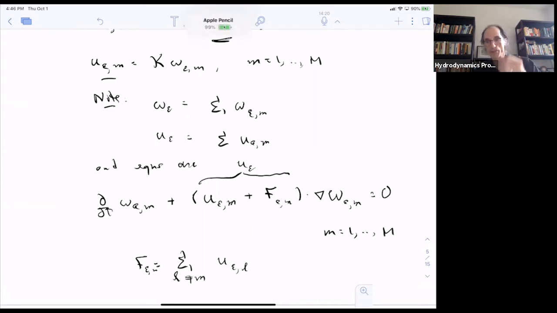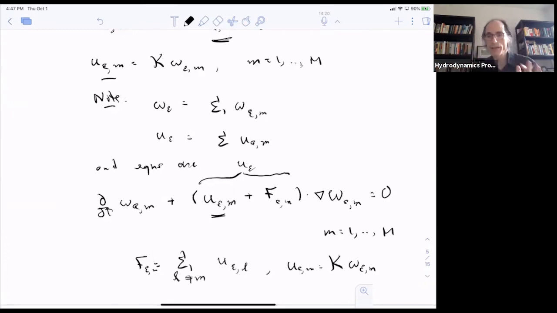I've just said I partition the vortices into m pieces, and the mth piece solves an equation which says it's transported by a flow consisting of two parts. One is the part that it generates itself, and so u epsilon m is the Biot-Savart kernel applied to omega epsilon m. And then there's the piece generated by all the other vortices.